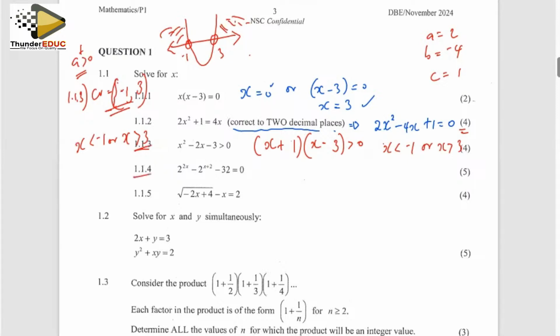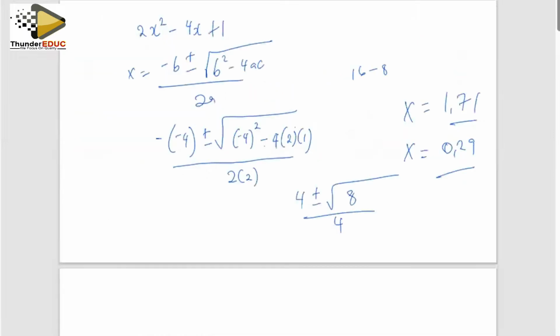Then 1.1.4, we have some exponents: 2 to the 2x minus 2 to the x plus 2 minus 32 is equal to 0.